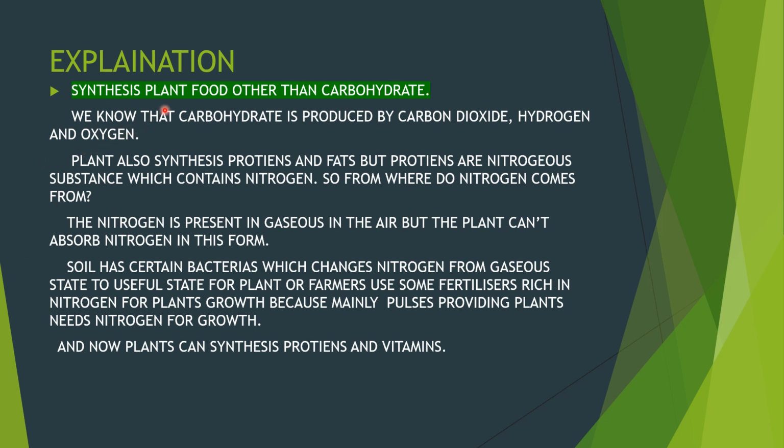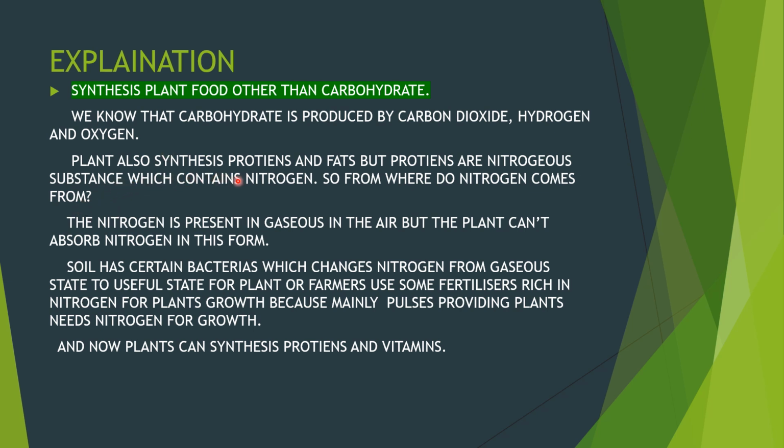Explanation: plants synthesize food other than carbohydrates. We know that carbohydrate is produced from carbon dioxide, hydrogen and oxygen, meaning carbon dioxide from air and hydrogen plus oxygen as water, which comes from soil.